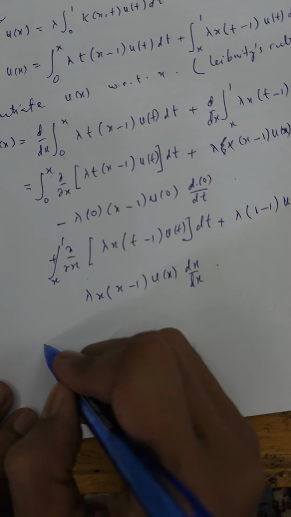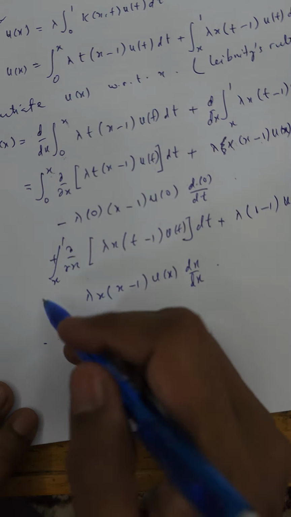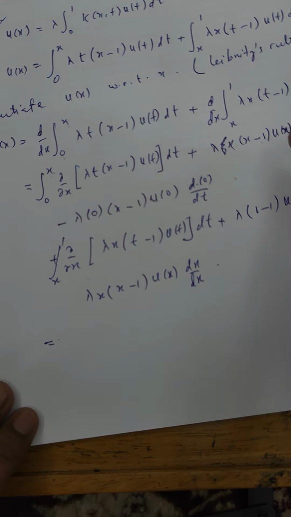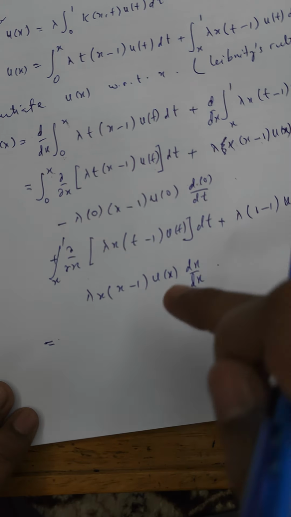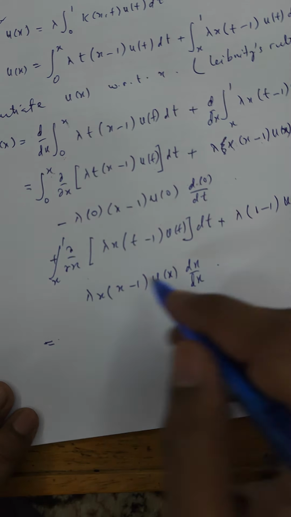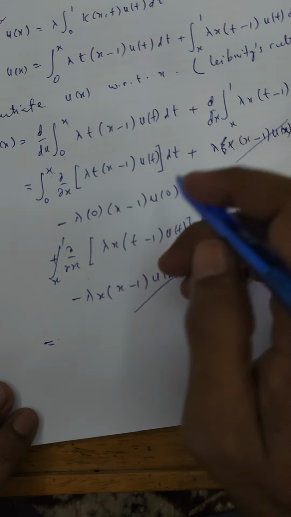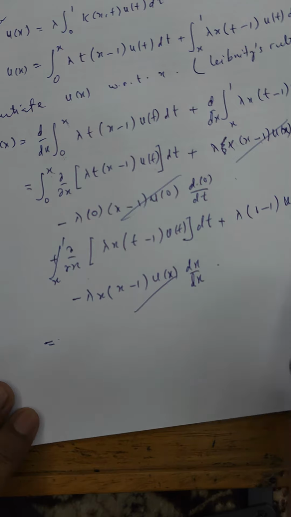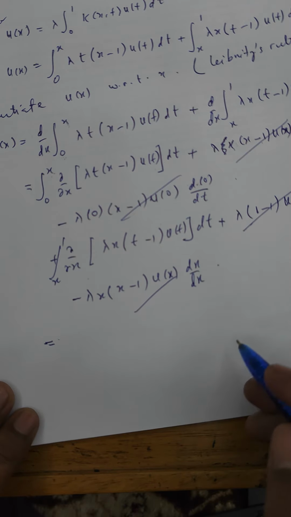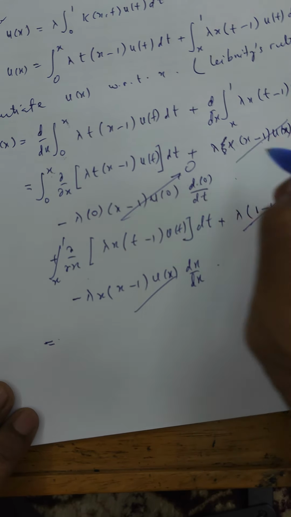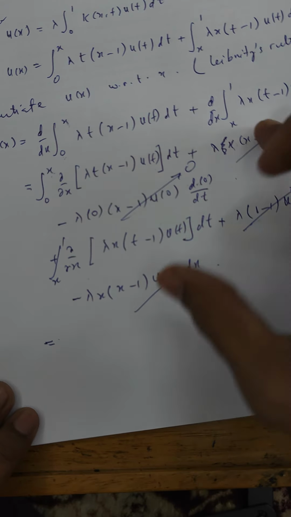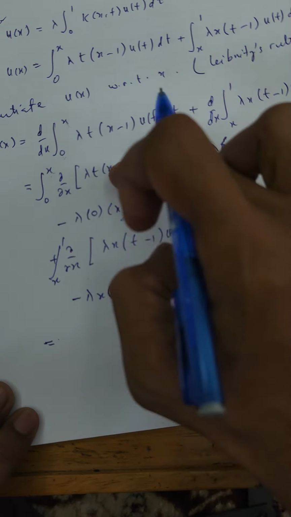As you can see from there, what is left is that this cancels out with that because this is minus, that cancels out with that and gives you 0, and that gives you 0, and then this is 0, this is 0, this cancels out with that. What is left is only those two.